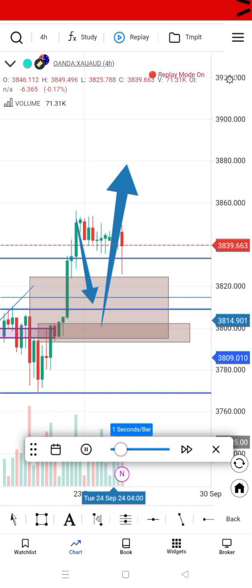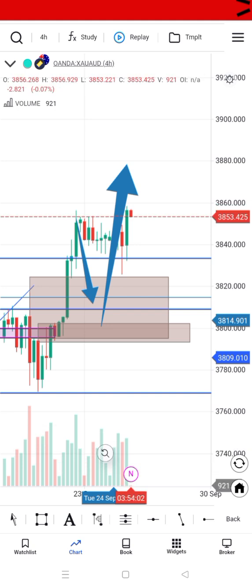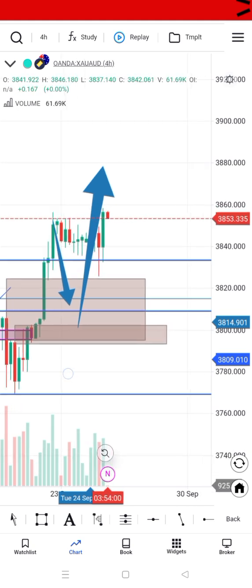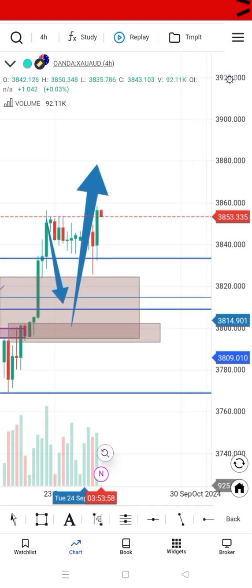So let me run and see how the market is behaving. So the market is moving now, trying to come back to this position. And guys, let's see. So it came back. It has not filled that inefficiency, that fair value gap. And currently the market is on that position as we are speaking.